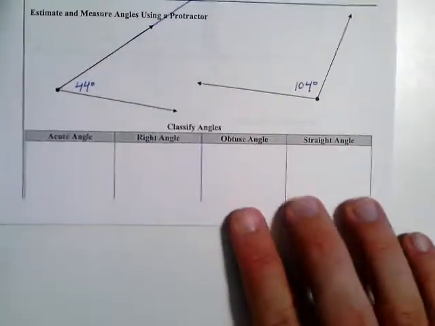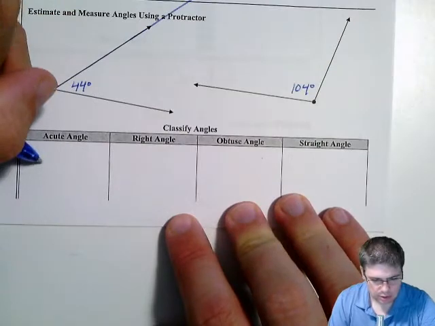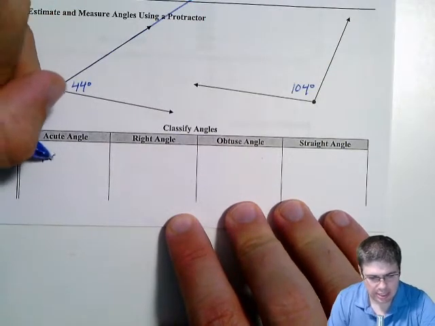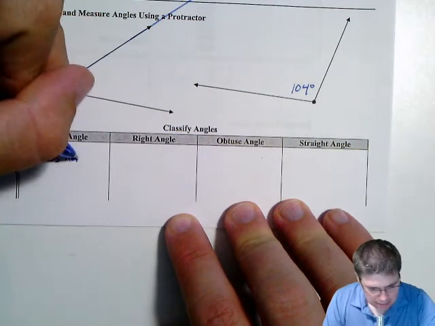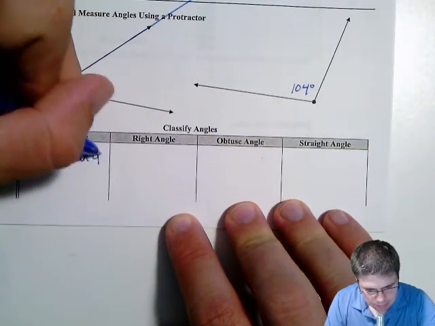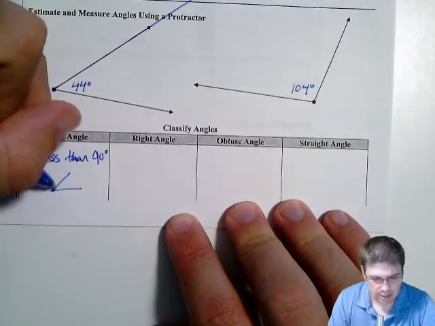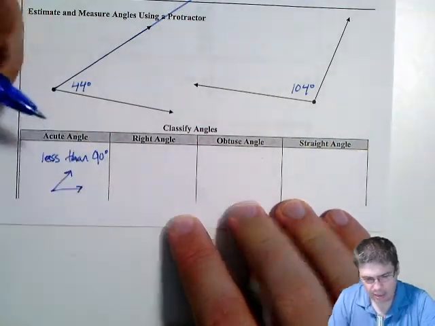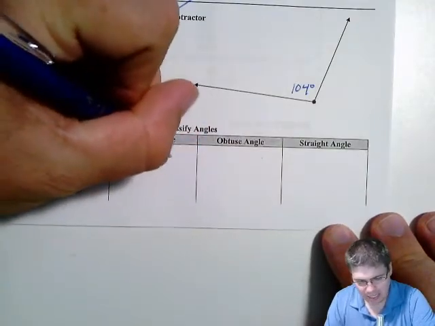All right, so then we can classify angles. We can classify angles as acute. That would be angles that are less than 90. They are cute little angles, so something like that is less than 90 degrees. We have the right angle, which is equal to 90 degrees, all right?